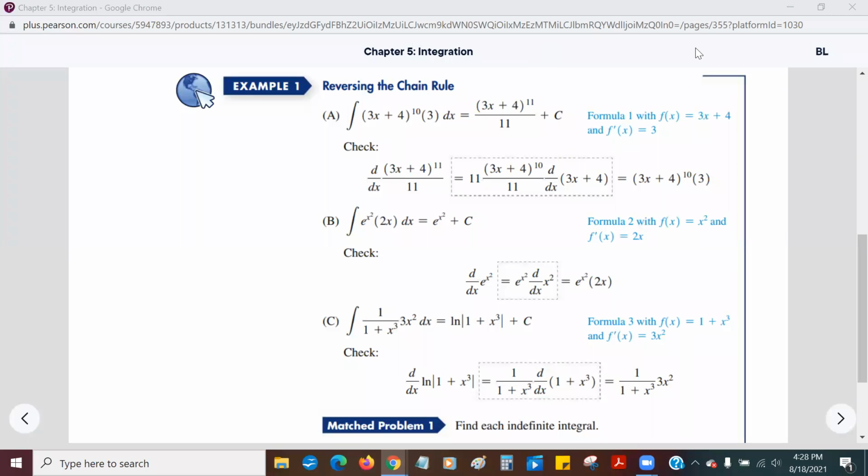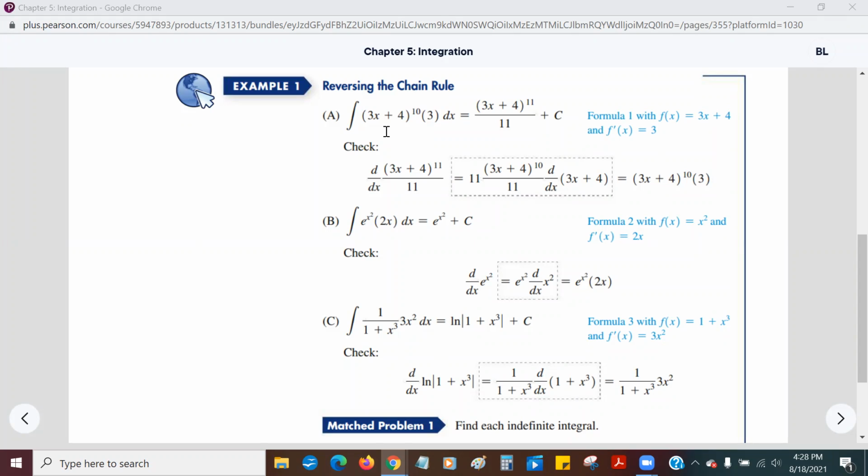Let's look at an example of this. Suppose I have the integral of 3x plus 4 to the 10th power, and then I multiply it times 3. In theory, I could take 3x plus 4 and raise it to the 10th power, which means multiplying it by itself 10 times.